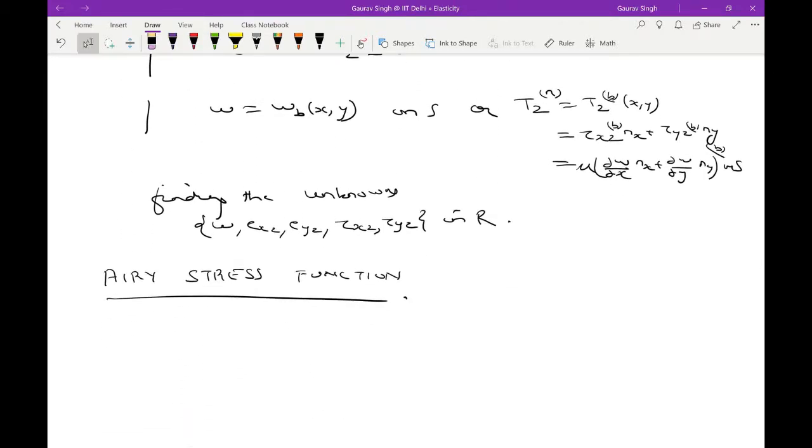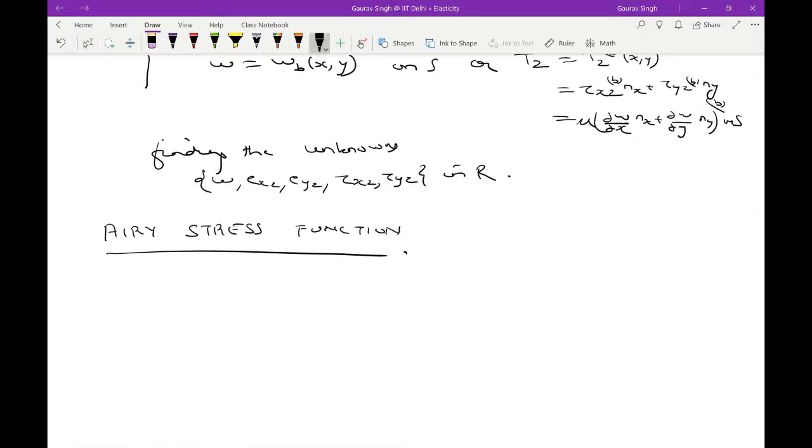So let's now discuss this Airy stress function, which is the starting point of us being able to solve boundary value problems. You must have learned in the earlier chapters briefly about the methods which exist to solve elasticity problems, but let's make one start in detail.